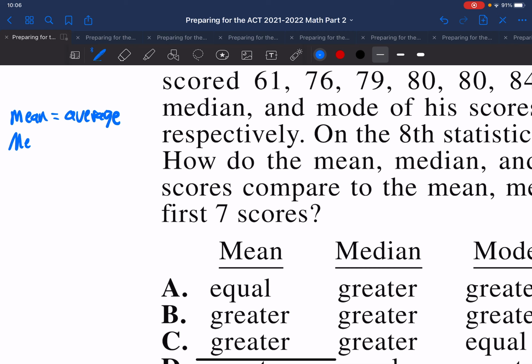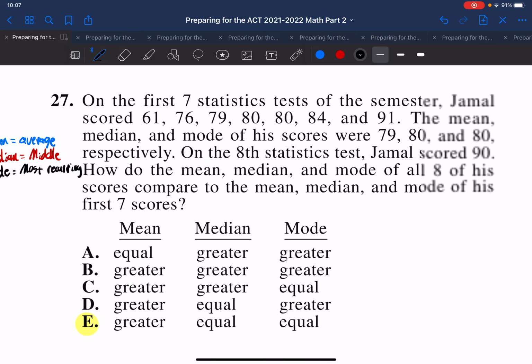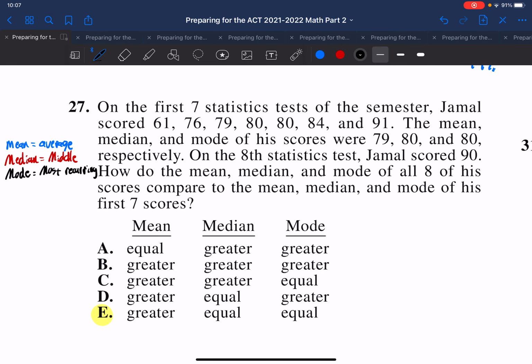The median is the middle number. And finally the mode is the most recurring. So they've already averaged out the numbers and got 79. The middle number is 80, and the number that occurs most often is also 80.